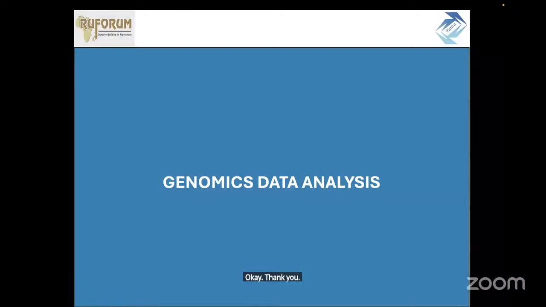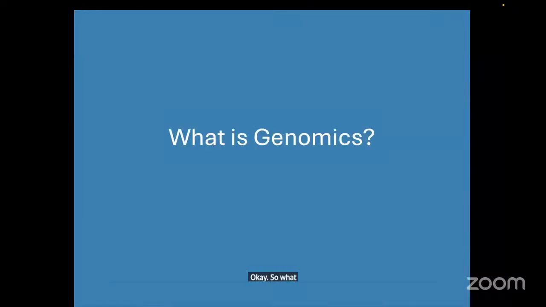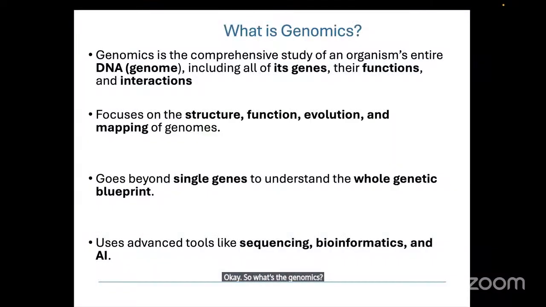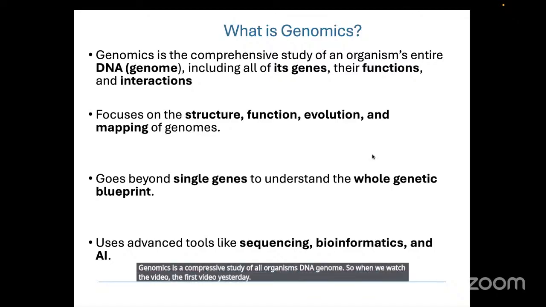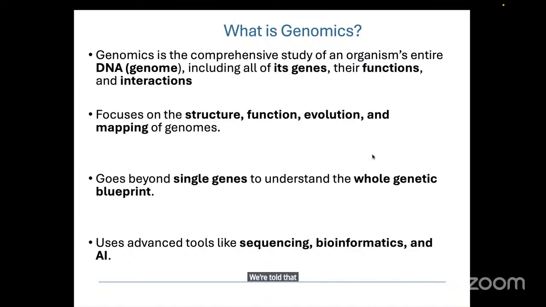So our last topic is genomic data analysis. Okay. So what's genomics? Genomics is a comprehensive study of all of an organism's DNA, the genome. When we watched the first video yesterday, we were told that human beings have 23 pairs of chromosomes.